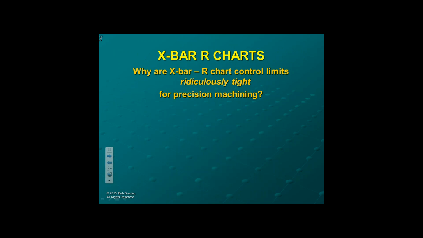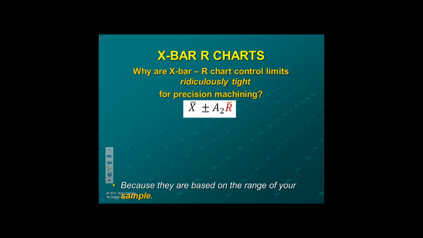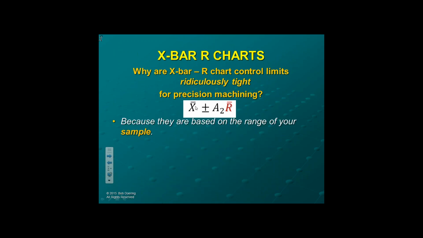So another thing that occurs is you have an X-bar and R chart generally with ridiculously tight control limits for precision machining. And here's why. This calculation right here, when you're doing precision machining, what is the difference in, let's say, 5 consecutive parts? In precision machining, there's very little.